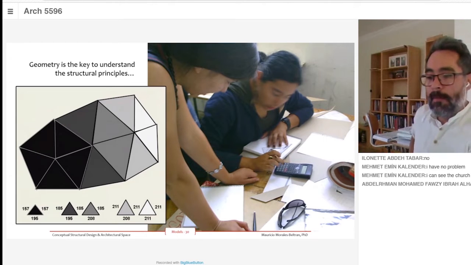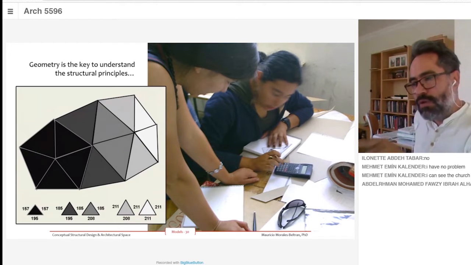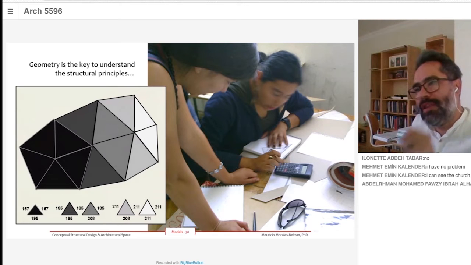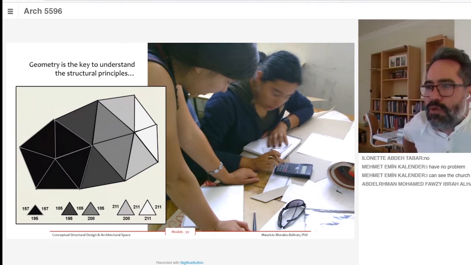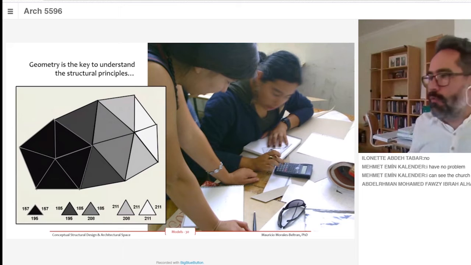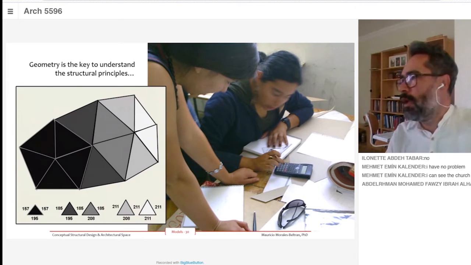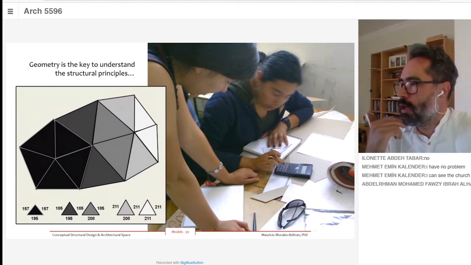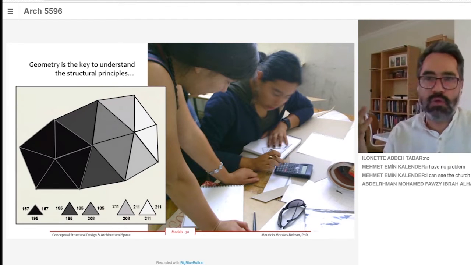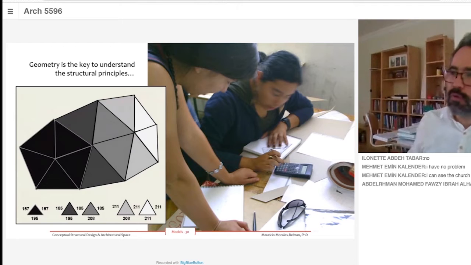And those types of triangles are going to create different geometrical patterns, which at the end can create the necessary curvature to create the dome. And then there are these students making the proper calculations, and all this was manual. There was no computer involved. There was no computational model. Everything was done by hand.